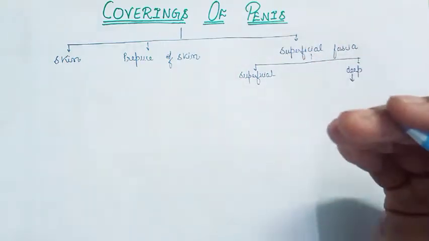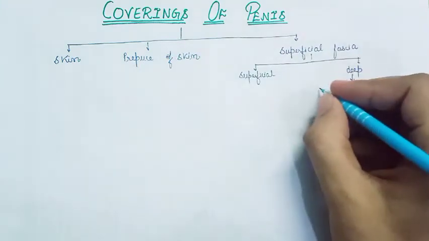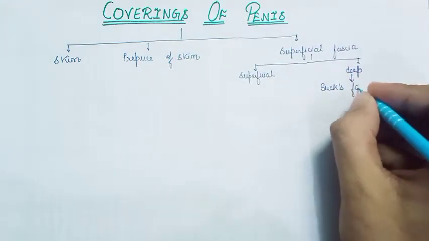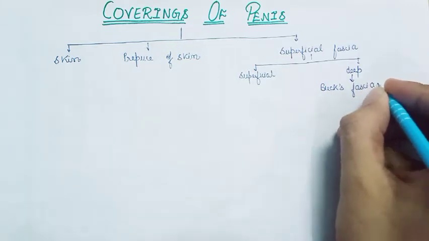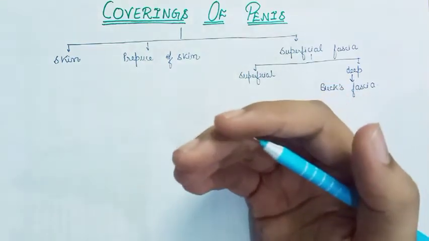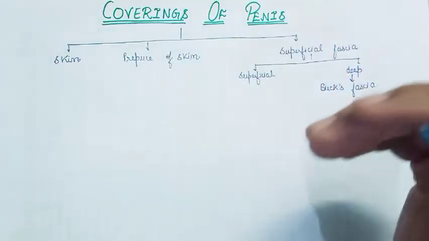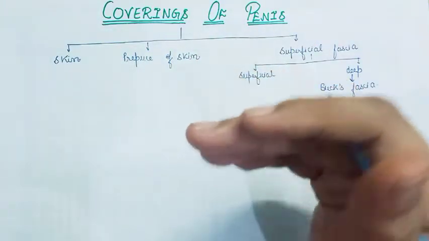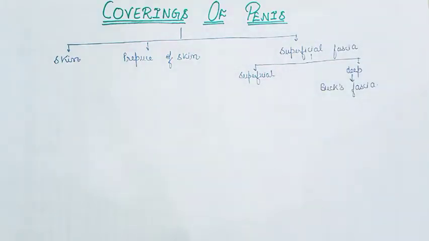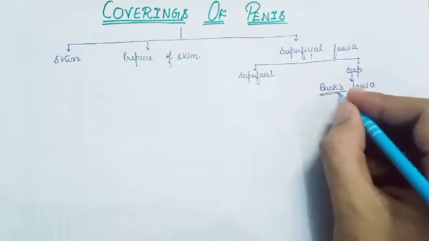So this deep layer of the superficial fascia is called the Buck's fascia, or the deep fascia of the penis. If somebody asks you whether deep fascia is present in the penis, yes, it is present, but it is actually the deep layer of the superficial fascia, which is also termed as the Buck's fascia.